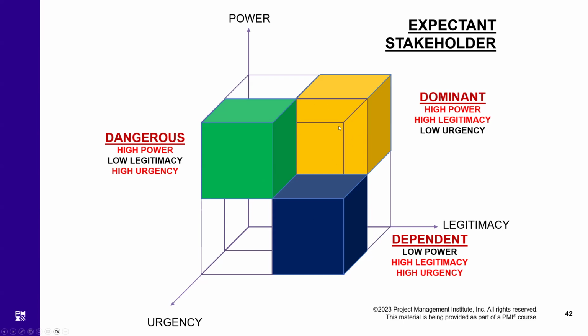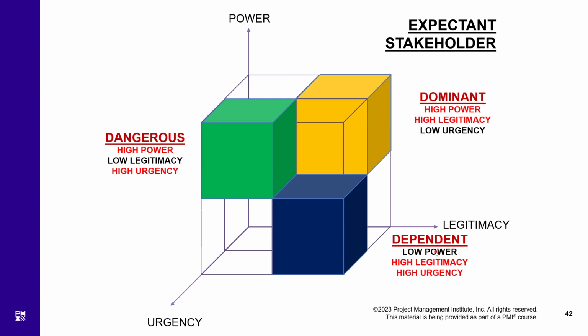The definitive one we have seen. Dominant is between urgency and legitimacy, isn't it? Exactly. So we have dominant, the yellow one, this green one is dangerous, and the blue one is dependent. And it is clearly shown that dominant is high in power and legitimacy and low in urgency.